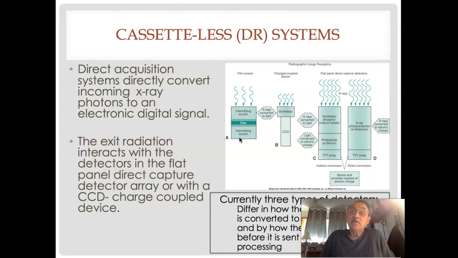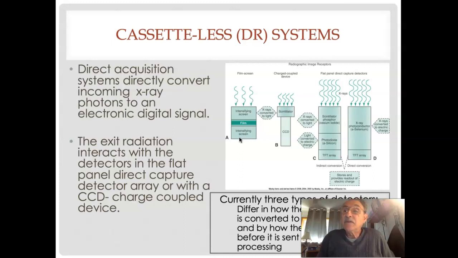And so when you see the term scintillator, that refers to the indirect conversion process, where there is light involved. Indirect, light involved. Direct, no light involved. The X-ray is immediately turned into an electronic signal. It's just immediately captured without light.